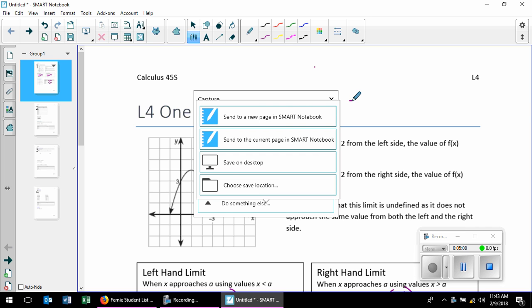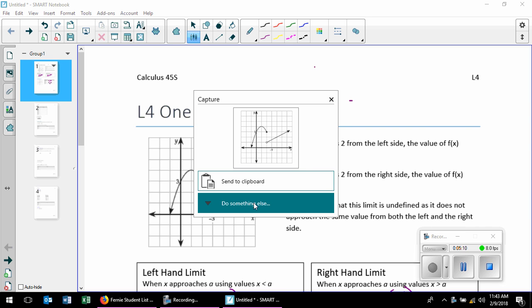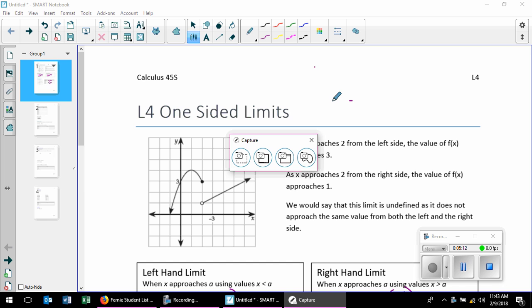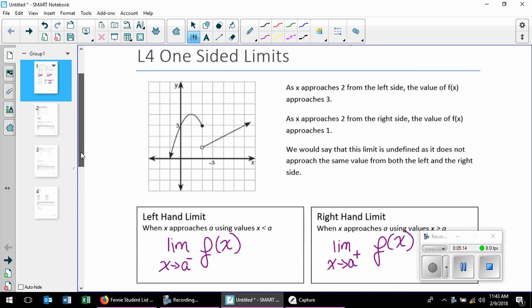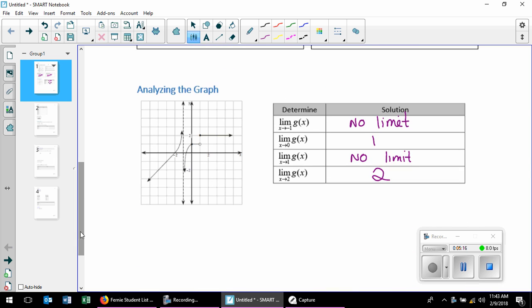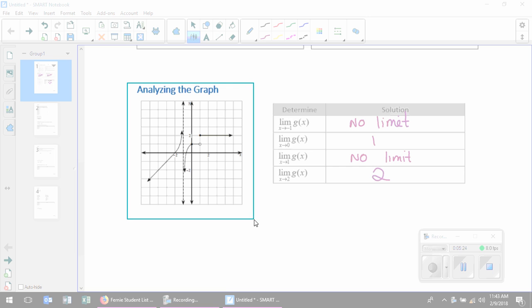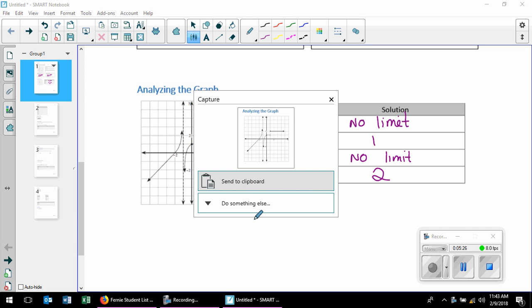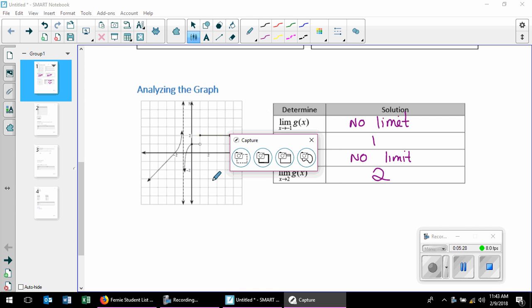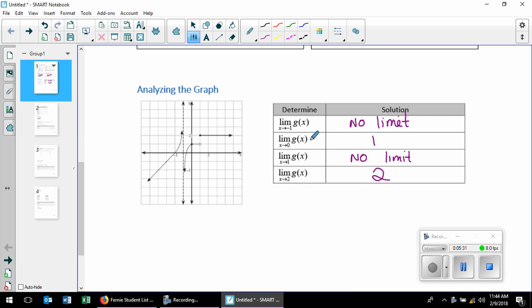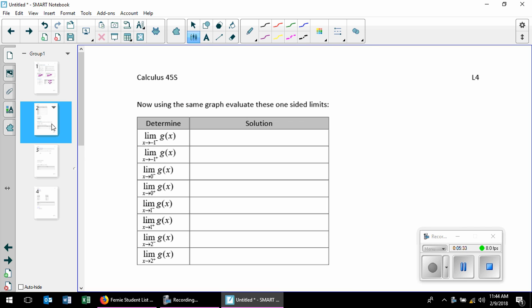Just want you to go away with the wrong graph. Okay. Let me scroll down and get the right graph. Here. All right. That's what I want to do. I want to send this to clipboard. Perfect. Now I'm going to go here. I don't know why I just didn't do this for you guys.